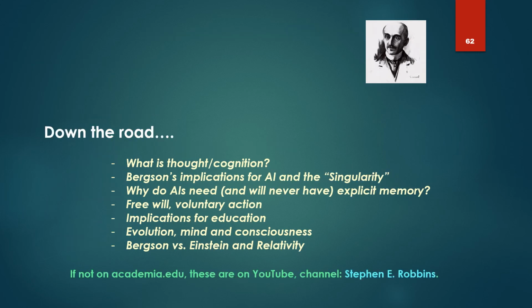So down the road, again, list what is thought and cognition, implications for AI and the singularity, explicit memory, free will, implications for education, evolution, and relativity, among many others, as it turns out. If you don't find these numbers on these subjects on academia.edu, the numbers I've referenced, look through my YouTube channel, Stephen E. Robbins.